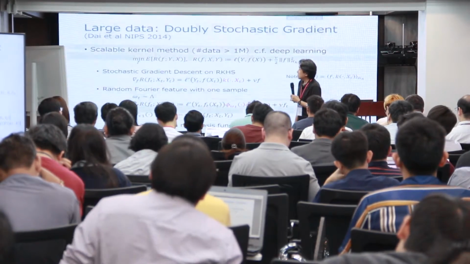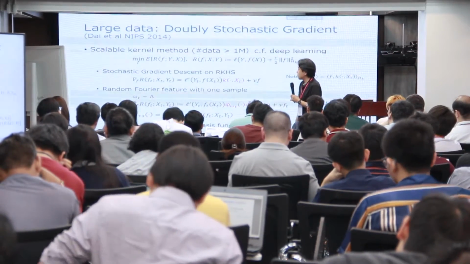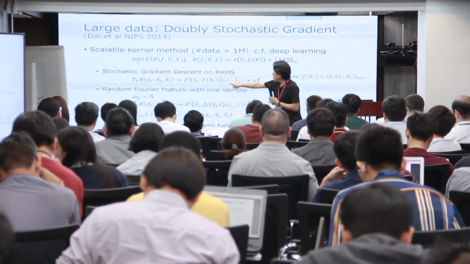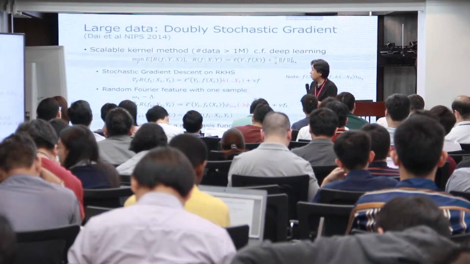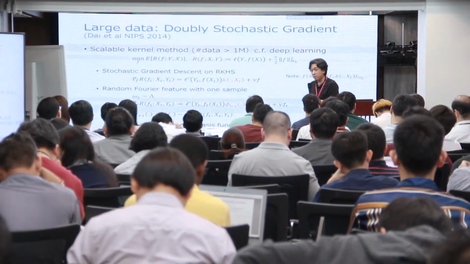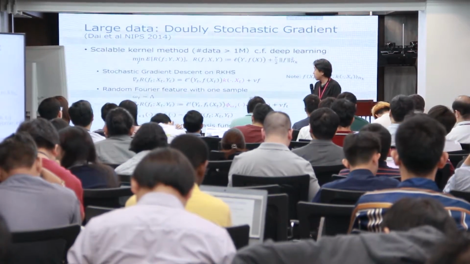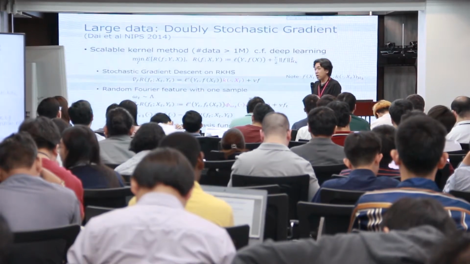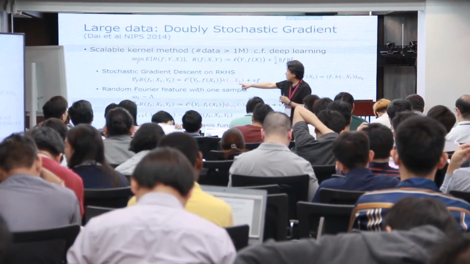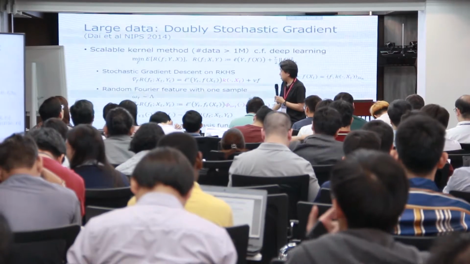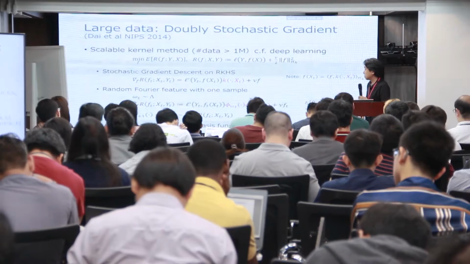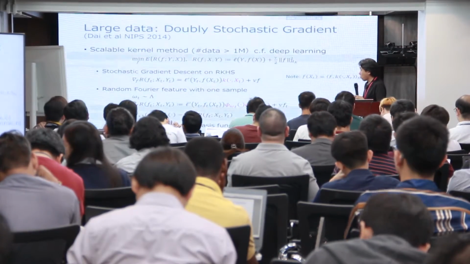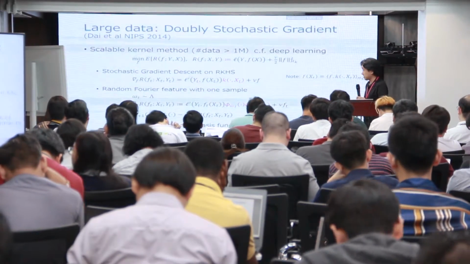And in this work, they propose to approximate this kernel in terms of the random Fourier feature approach. The random Fourier feature expresses a kernel in terms of a sum of sine and cosine functions for L points of frequency.